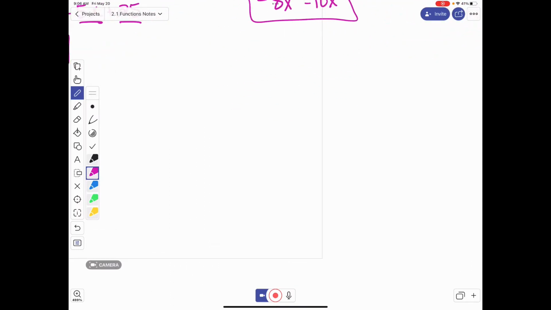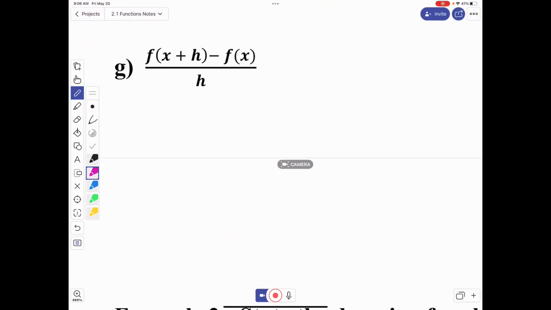Okay. All right, so on G, you will recognize this a little bit later on, but for now, we're just plugging in. Now, we just did the f of x plus h. We've already solved that. So I'm going to go ahead and plug that in on the top.